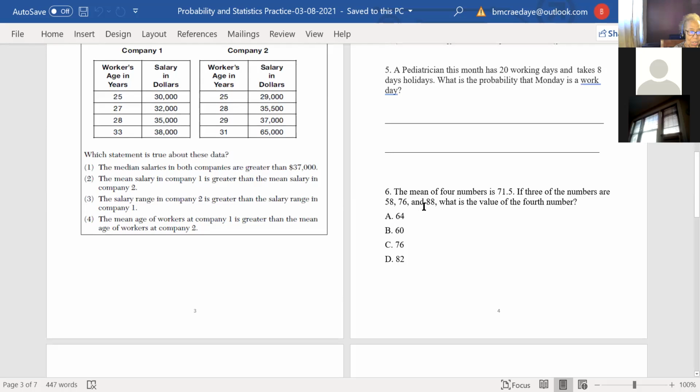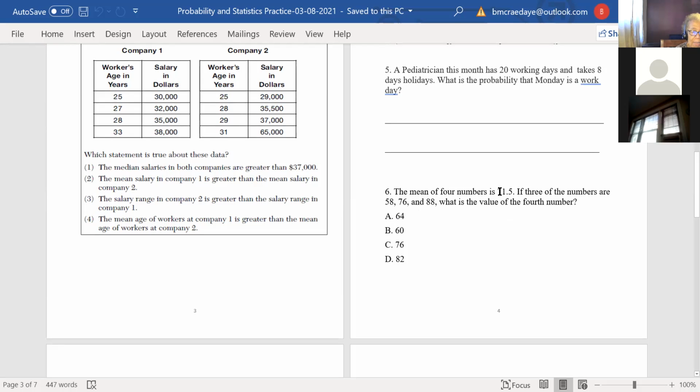You follow, Maureen? No, explain that again. If the mean of 4 numbers is 71.5, that means the total of those numbers is 4 multiplied times 71.5. You follow?